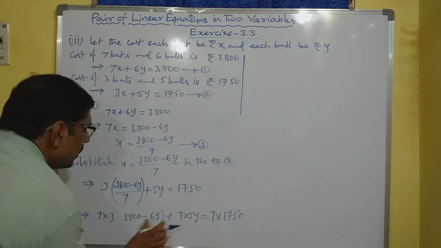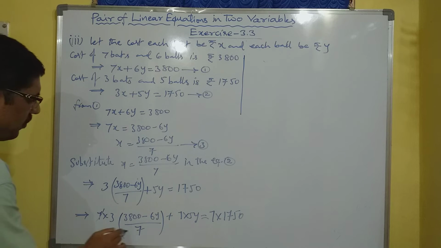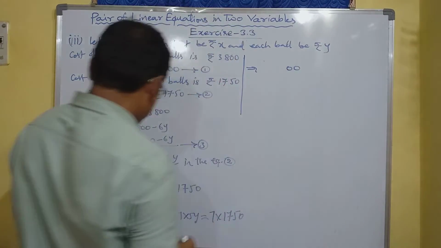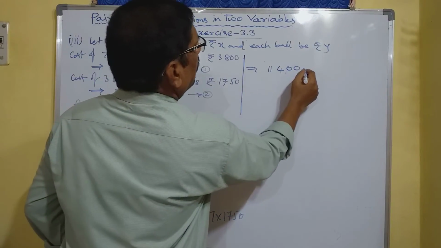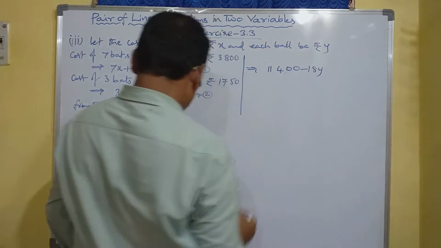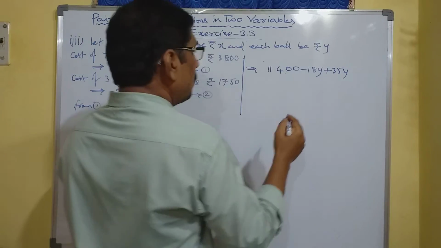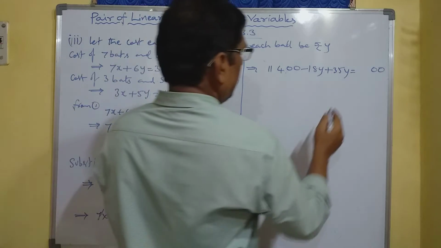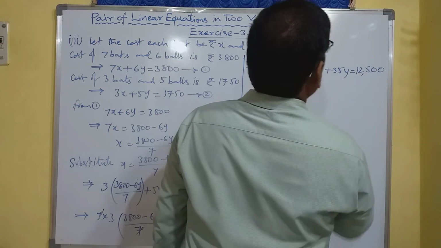Now 7 will be cancelled. Now 3 into 3,800 is 11,400, minus 3 into 6, 18y, plus 7 into 5, 35y is equal to 7 into 1,750, which is 12,250.